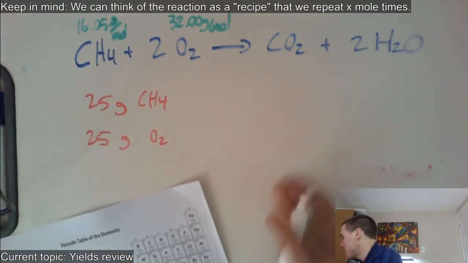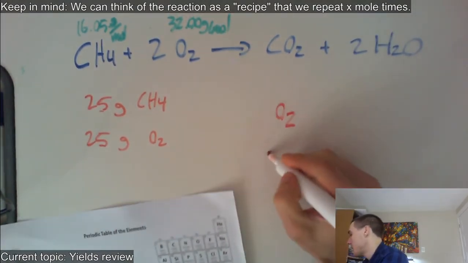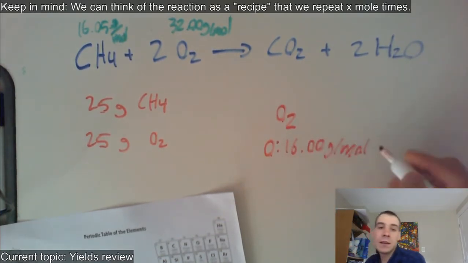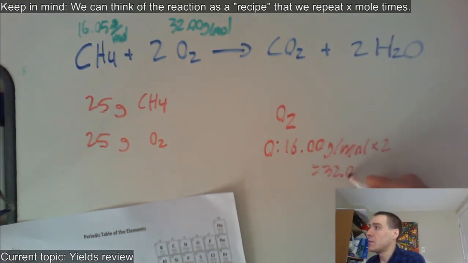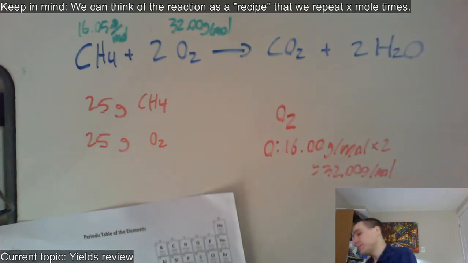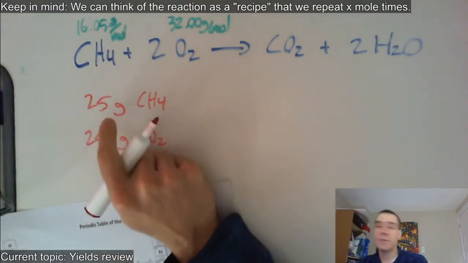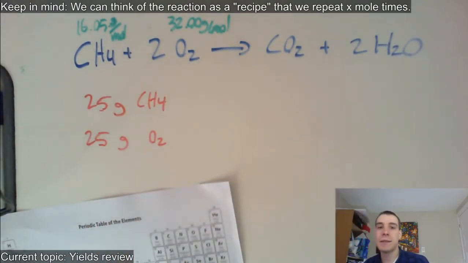The oxygen, each oxygen is 16 grams per mole, and if I multiply it by 2, I get 32.00 grams per mole, and that's what I have up there in green. And then the question says we have 25 grams of CH4 and 25 grams of O2.